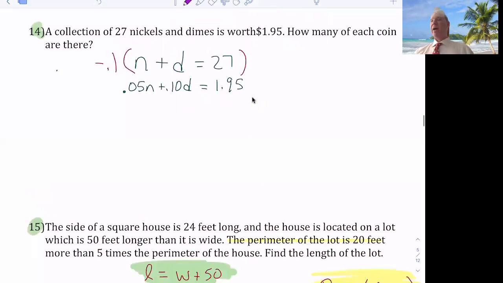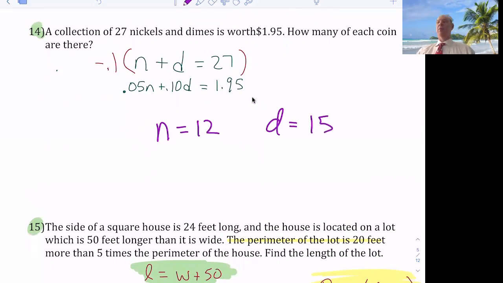So now I have nickels and dimes. What do we get? 12 nickels, 15 dimes. Thank you, Rivers. Is there anybody else?